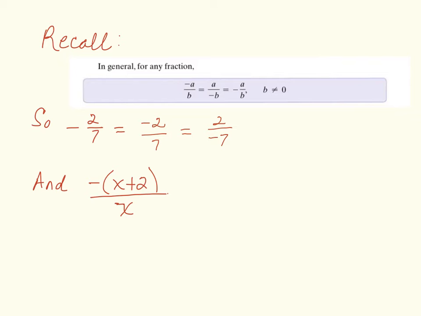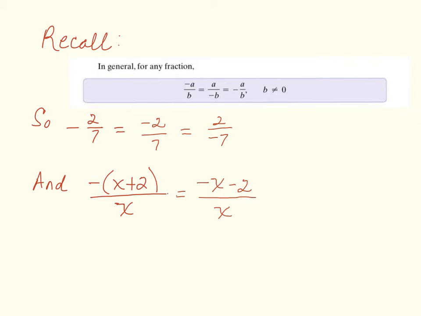Now look at the next example. I want to show you what can be done with this negative sign. The negative sign can be applied to that whole numerator. Look at it. It can be basically distributed to the whole numerator. You see what I did?